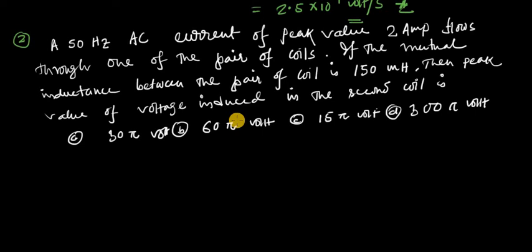If the mutual inductance between the pair of the coils is 150 millihenry, then the peak value of voltage induced in the second coil is. Okay, try to understand. This is the concept on induction. This is called mutual induction. Okay, let's try to draw the diagram.